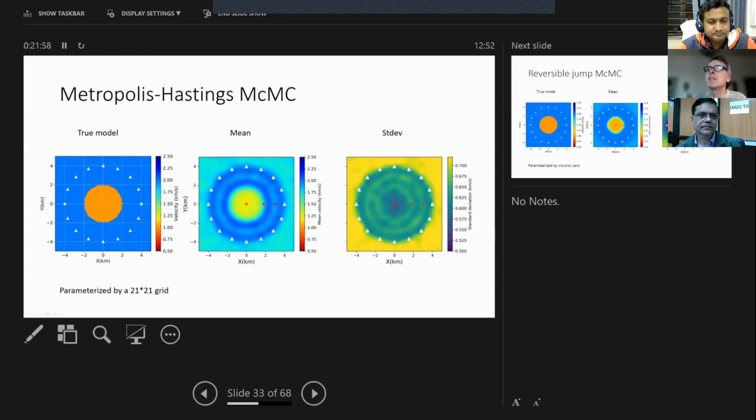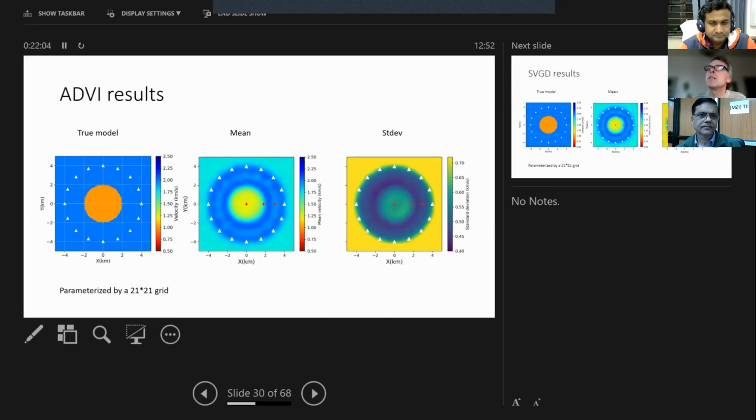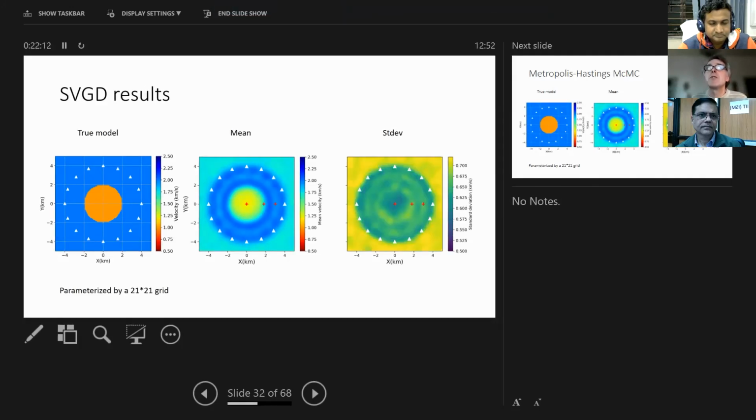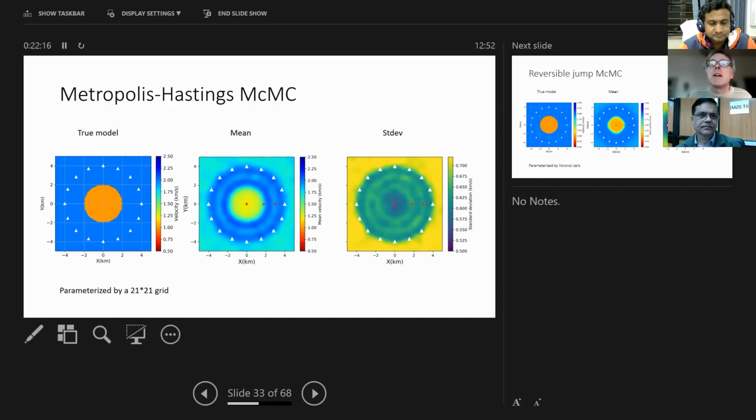It is the right uncertainty distribution. And that means that ADVI really is not giving us a very good estimate of uncertainty. Now, we kind of expected that because it's got this Gaussian approximation, whereas the other two, SVGD and Metropolis-Hastings, don't. And so I think we've got a good grasp now on what the right solution is.